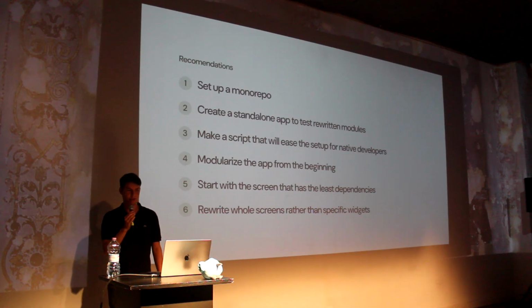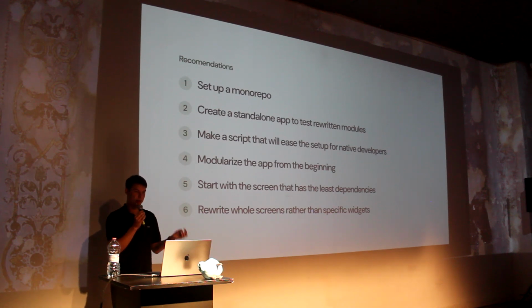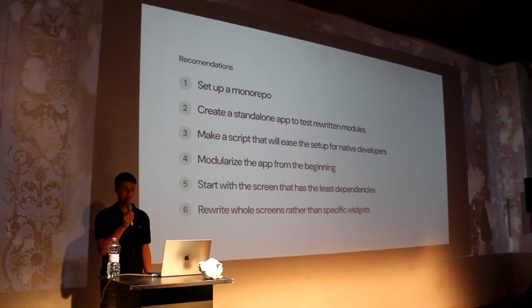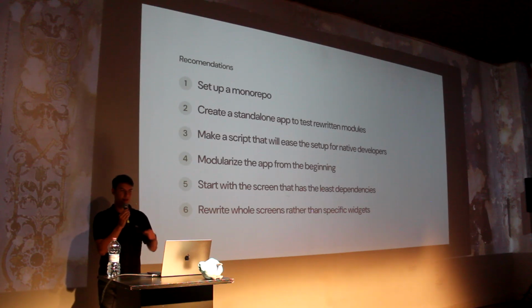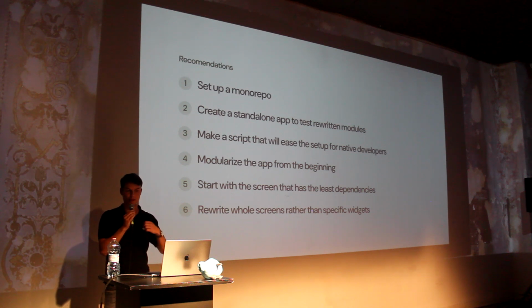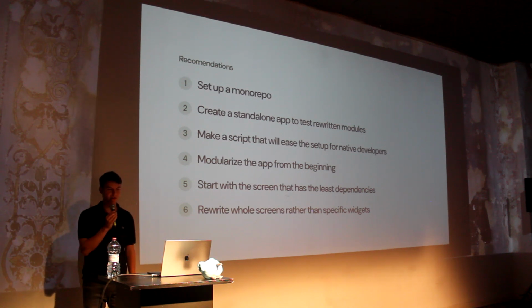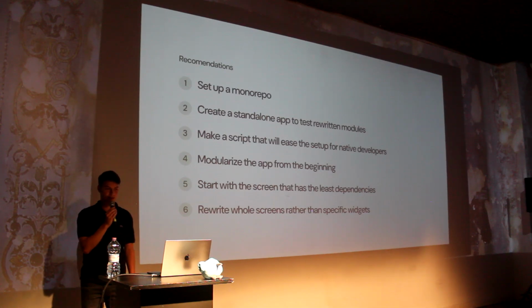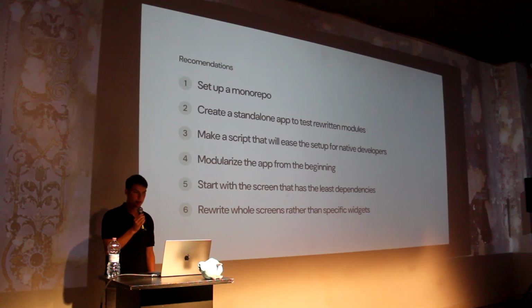And lastly, some recommendations. Set up a monorepo, create your standalone application, and make a script for native developers to ease their pain points. To run the project, you should have one command that sets up everything, including code generation. If you're using Melos, then just Melos bootstrap should handle everything.